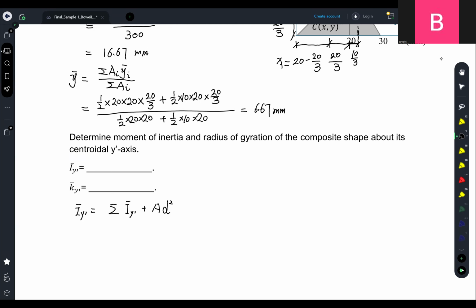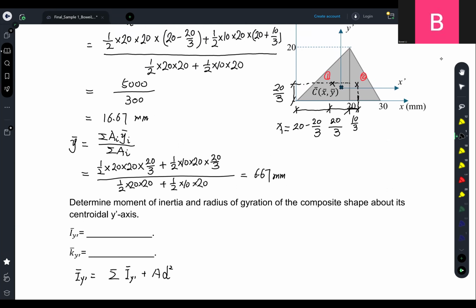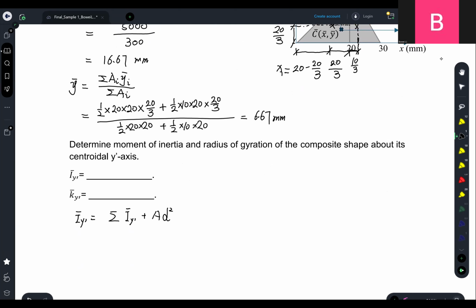It is the distance between the centroid of each part and the axis about which we are going to evaluate the moment of inertia here. So now actually it is the centroid of the entire composite area, right?